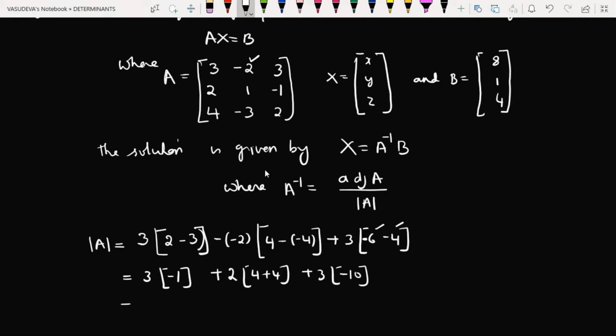So we have 3 into 1 is minus 3, plus 4 plus 4 is 8 plus 16, and 3 into minus 10 is minus 30. So that is minus 3 plus 16 minus 30, which is minus 17. This is not equal to 0. So A is non-singular.